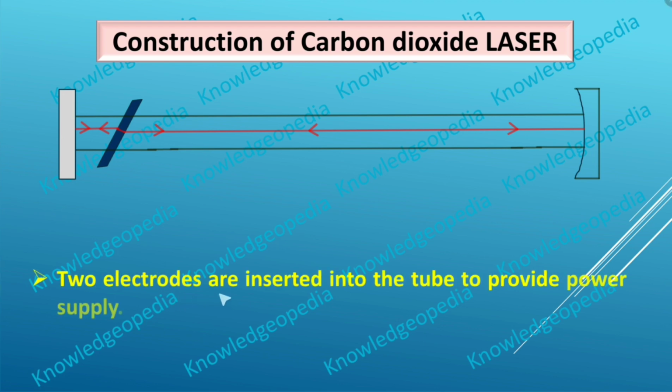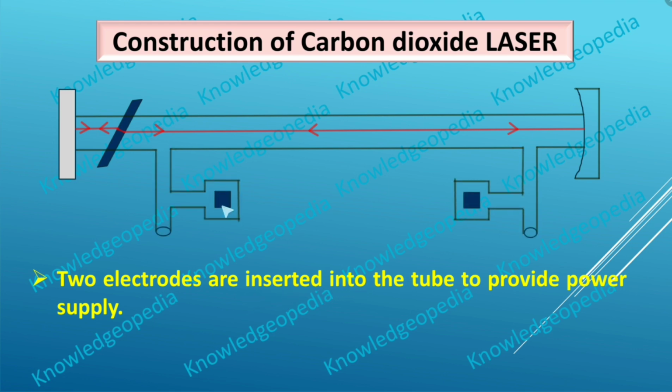Now, two electrodes are inserted into the tube to provide power supply. So these are two mirrors which play the role of optical resonator, and this Brewster window polarizes the light. After that, there are two electrodes inserted into the tube.